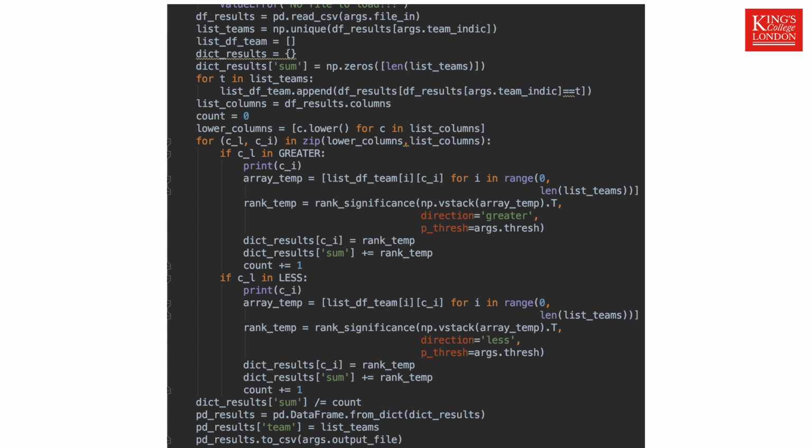So that finalizes what we have on the comparison between multiple metrics.